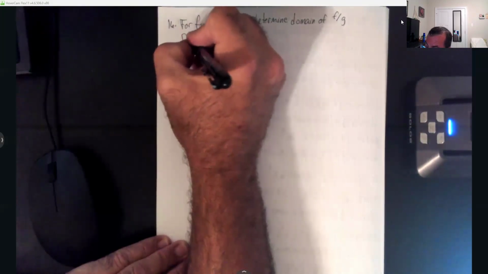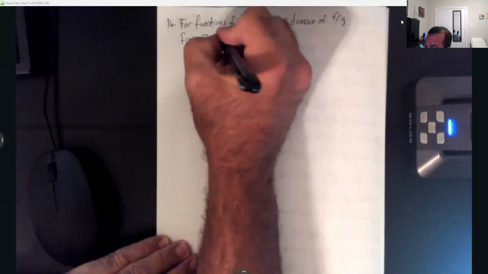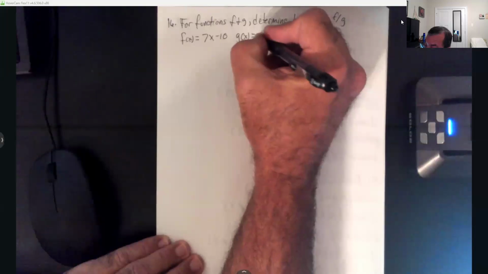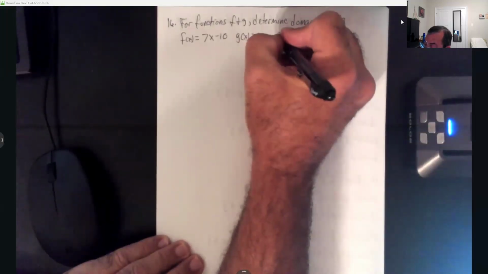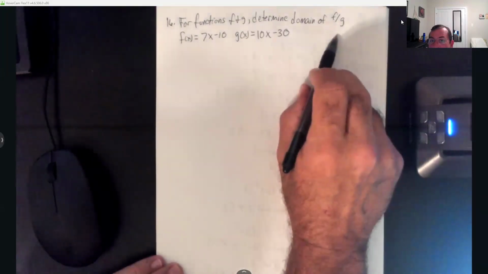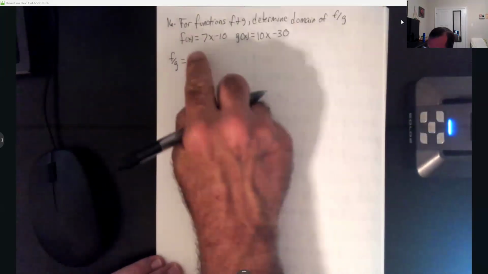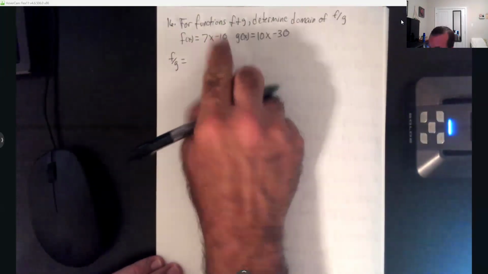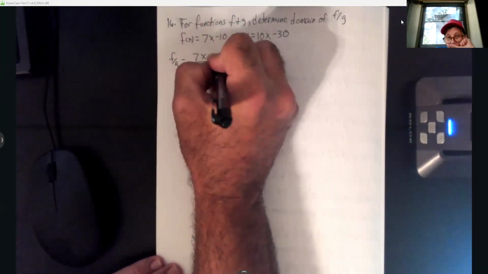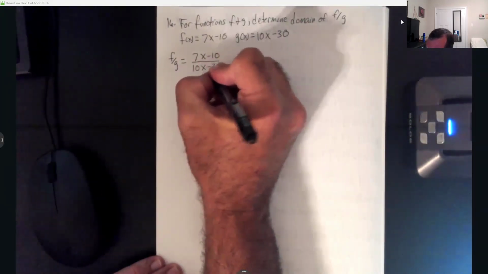They're giving me f of x equals 7x minus 10, g of x equals 10x minus 30. So we're doing f divided by g. So f divided by g will equal my f on top, which is 7x minus 10, over my g, which is 10x minus 30.